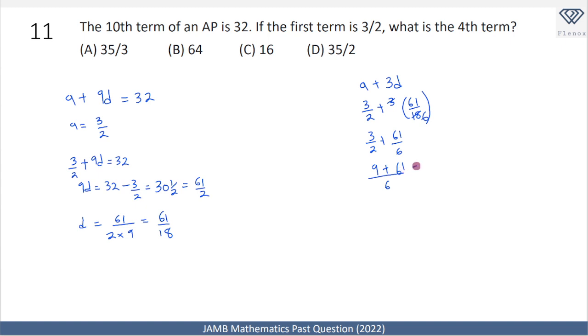And that becomes 9 plus 61, which is 70/6. Now 2 can divide 70, which will give us 35, and 2 divides 6, which will give us 3. So the answer to this is 35/3, which is option A.